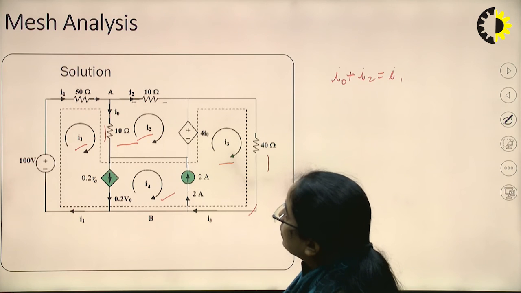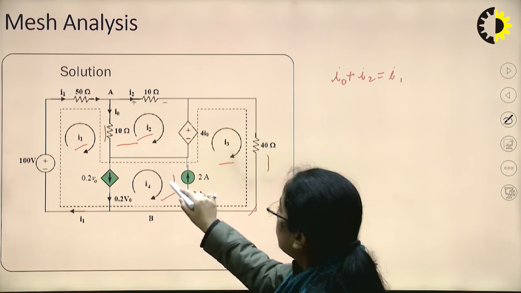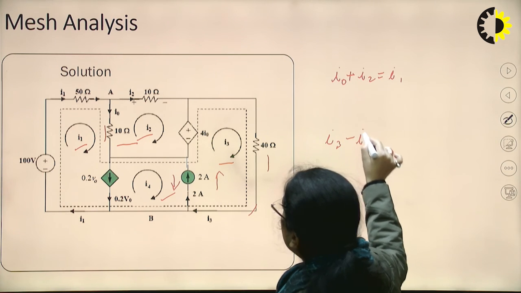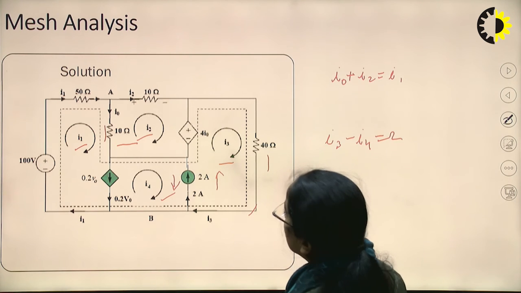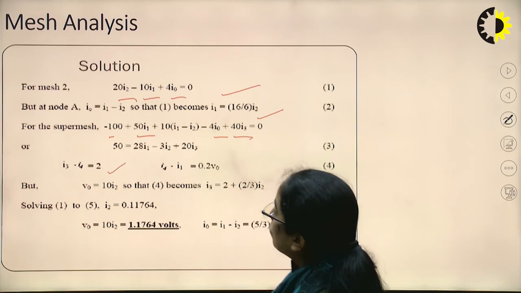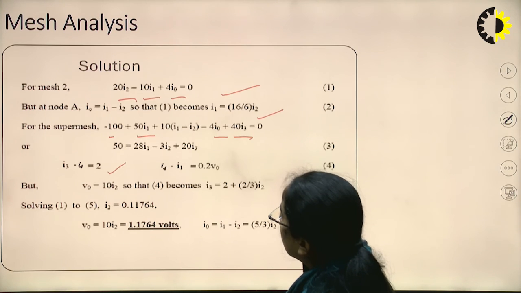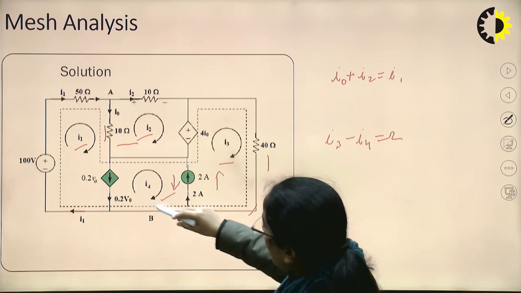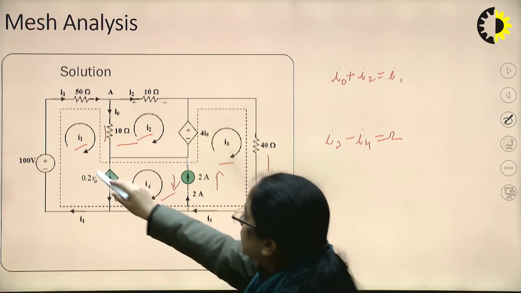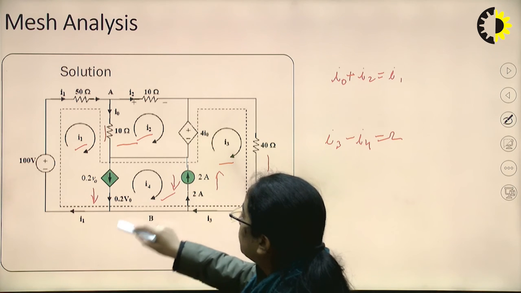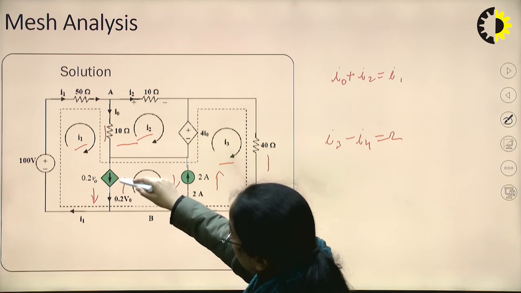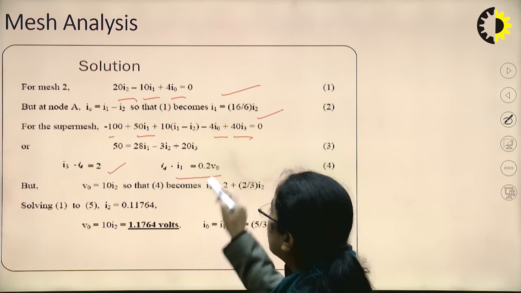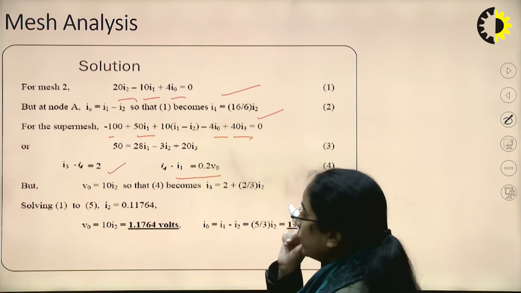Also here, this is I4, this is I3. So we can write I3 minus I4 as 2. Now I4 and I1: I1 minus I4 is 0.2 V0.